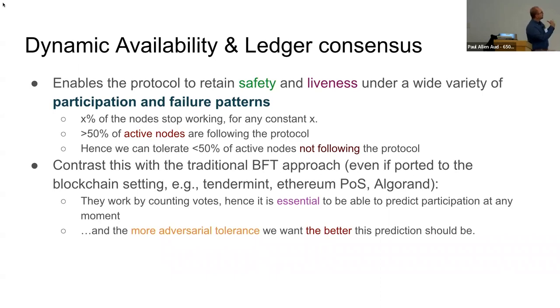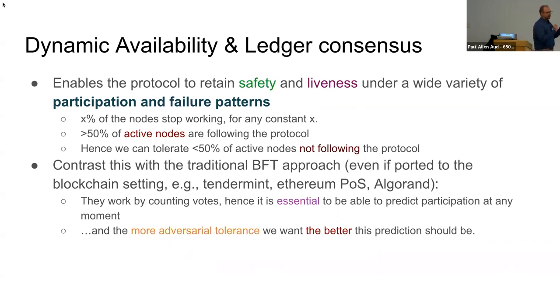Now, it's interesting to contrast this with the more traditional BFT approach, and how this BFT approach has also been considered in the blockchain setting, taking a different perspective on how to make progress. The key point in this class of protocols is counting votes. Somehow you have to create, understand and parse a set of votes, and hence it is essential to be able to predict participation.